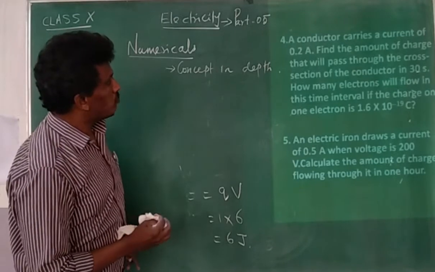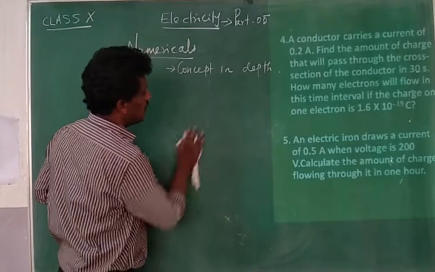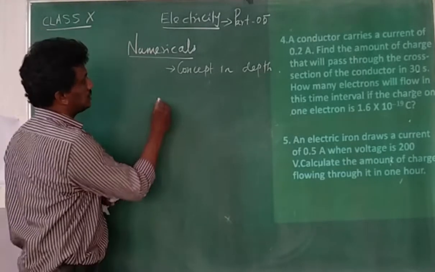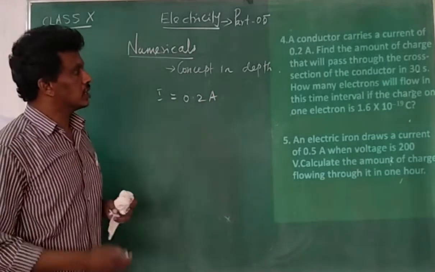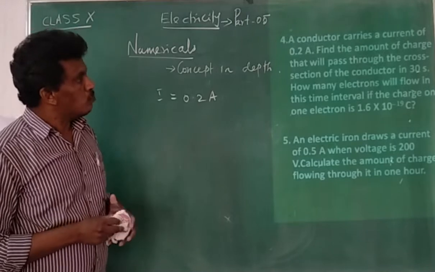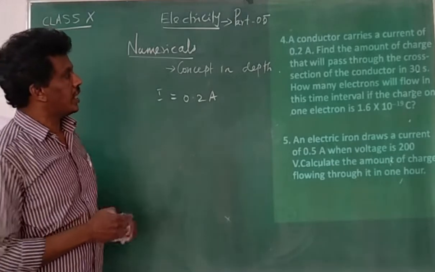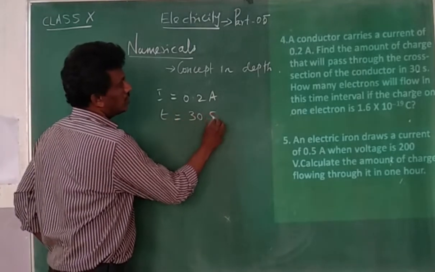Look at question number 4. A conductor carries a current I equal to 0.2 ampere. Find the amount of charge that will pass through the cross section of the conductor in 30 seconds.